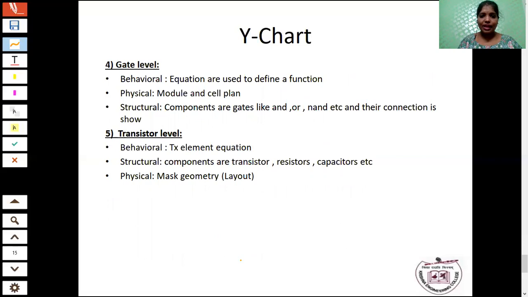From that, in the structural domain, we find out what transistors, resistors and capacitors we are going to use. Using those, we implement the logic diagrams, that is CMOS logic diagrams. From the CMOS logic diagram, in the physical domain, we bring the layout of the device.